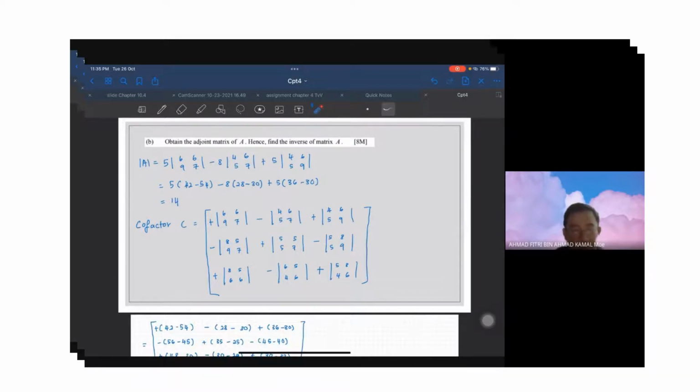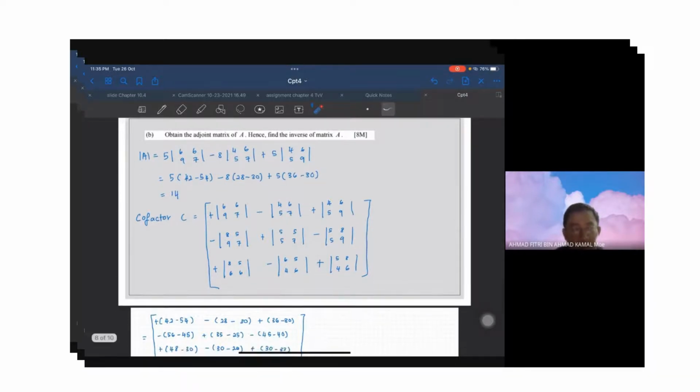Next, we find the cofactor. We all know that cofactors have their own sign, so we put plus, minus, plus, minus, plus, minus, and then we find the minor for each of the elements.